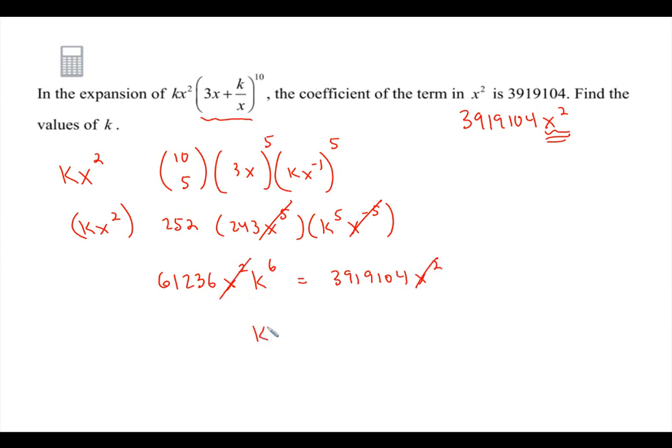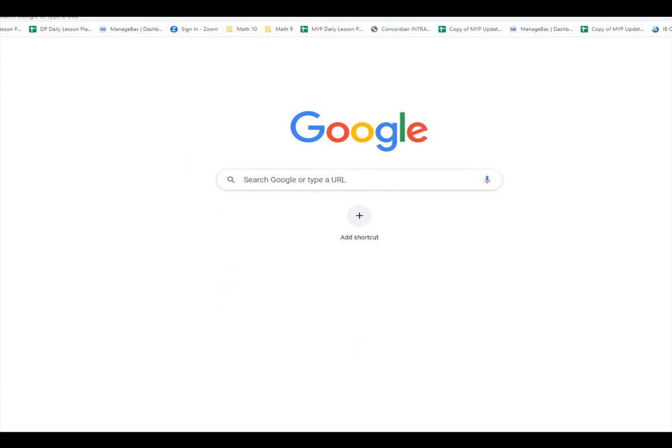So we're going to end up with k to the 6 is equal to, we're going to take this value, 3,919,104 divided by 61,236. So let's divide that. Let's see what that gives us.